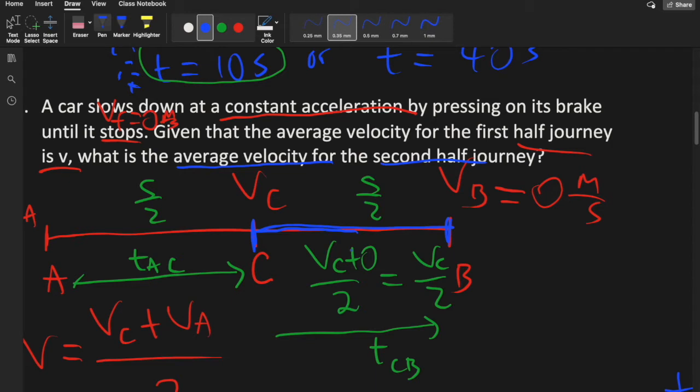How can we solve for it? So here it says the average velocity is gonna be equal to VC over 2. So as long as we know VC, we know the answer, right?